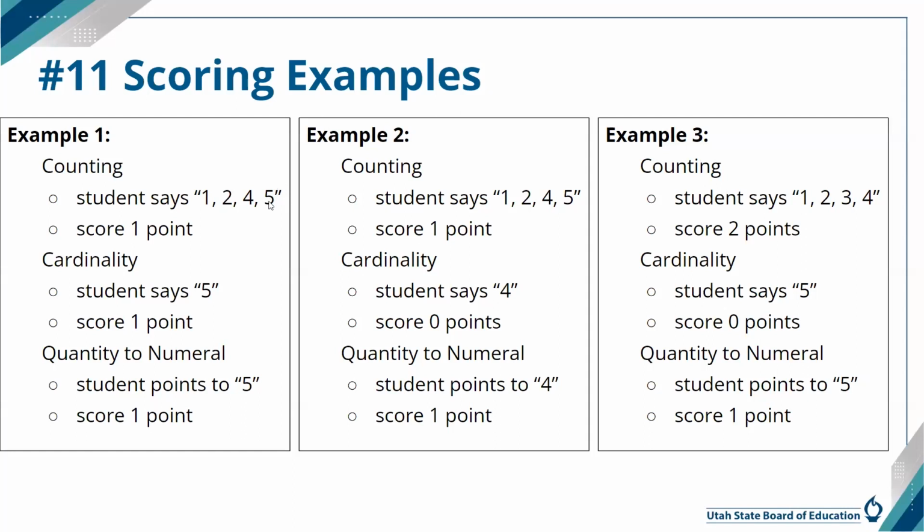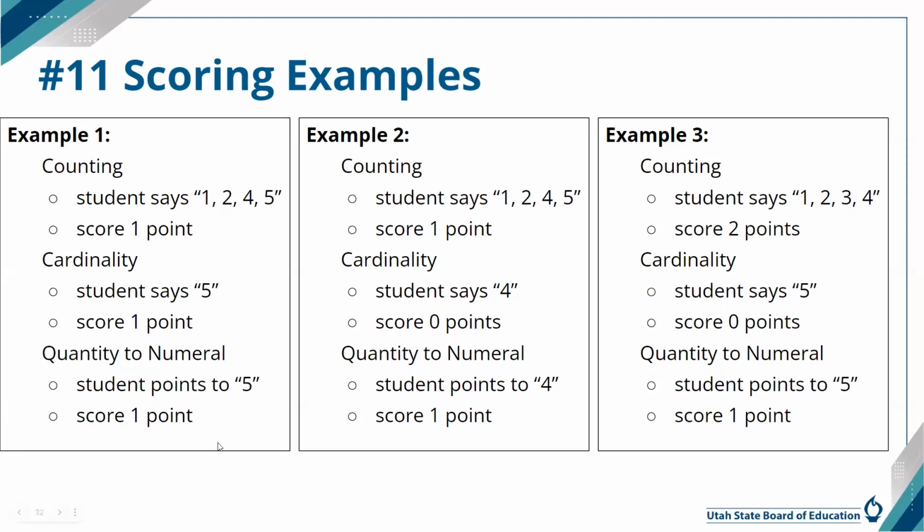They ended on the number 5. So for the cardinality question, when we're asking, tell me how many there are, the student says 5. Because their answer for cardinality matches their answer for counting, they do score that 1 point. Then with the quantity to numeral, the student points to the 5.